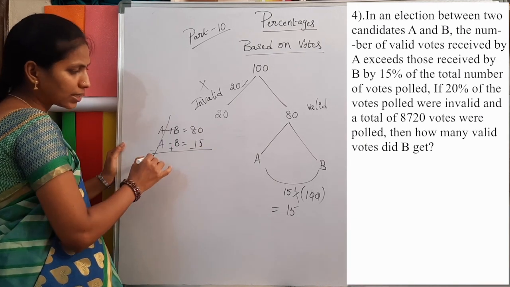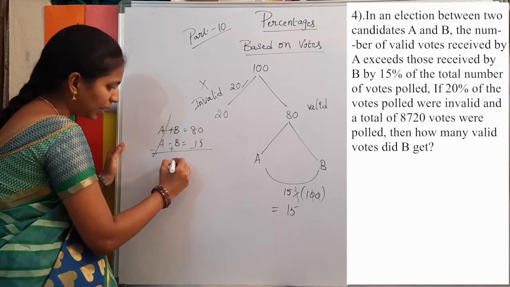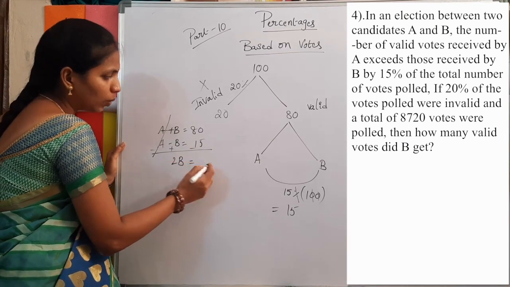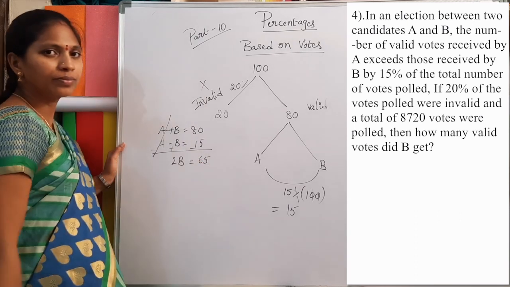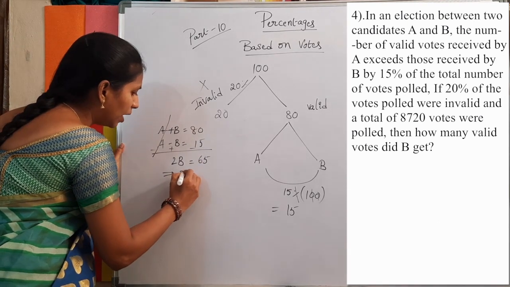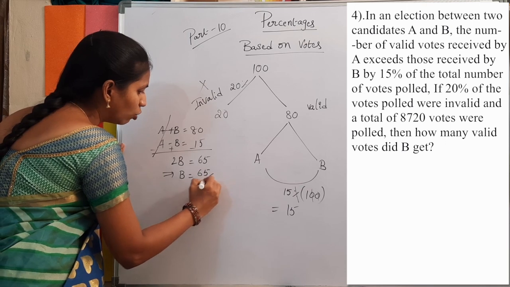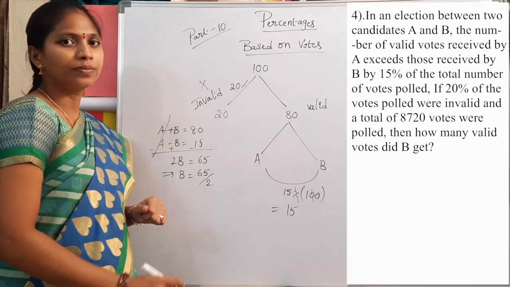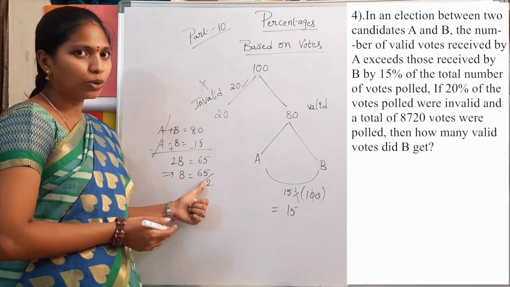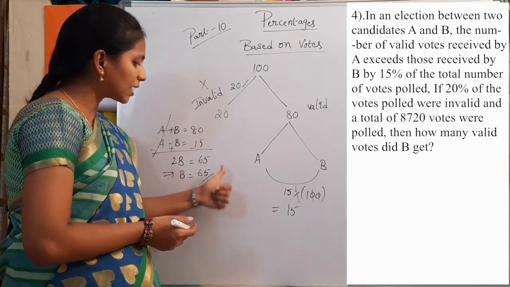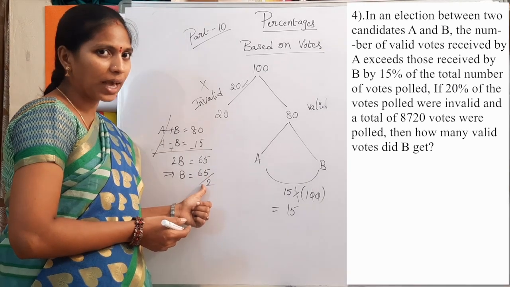So A gets cancelled and B plus B, 2B equal to how much? 65. That implies B equal to 65 by 2. This is the value. But we have to find the corresponding value of this fraction.